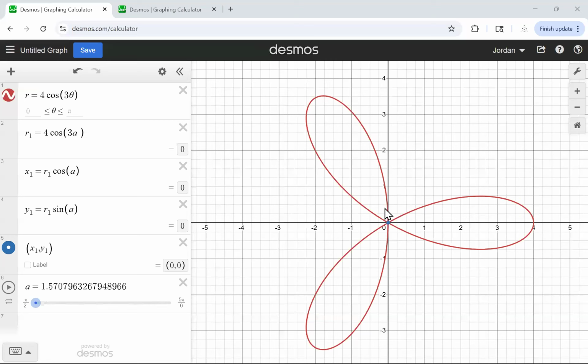So that's what I would have had if I took this loop and revolved it around the line theta equals pi over 2. Again, I'm getting negatives because we're all to the left. All these x values are negatives.